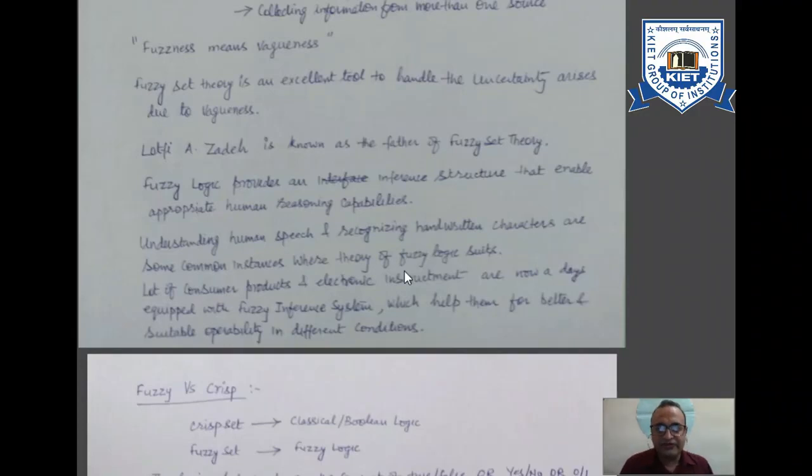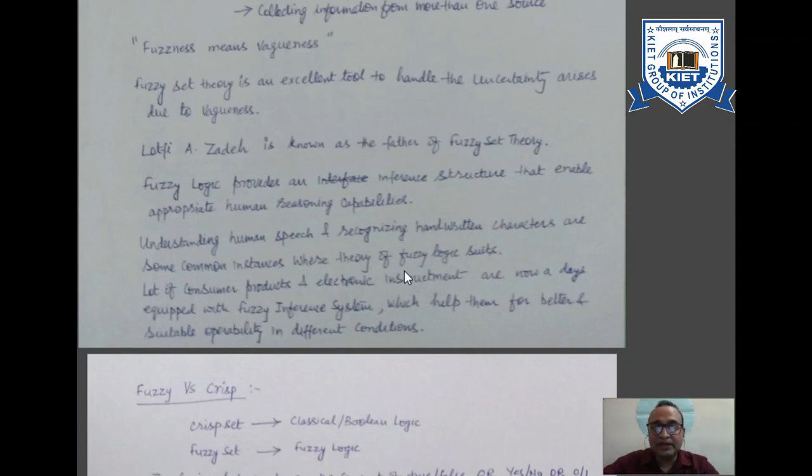There are some features, as I already told you: the Japanese have implemented this fuzzy theory in a lot of domains and areas, like different kinds of washing machines, air conditioners, refrigerators, and not only these but also industrial equipment and the aviation field.